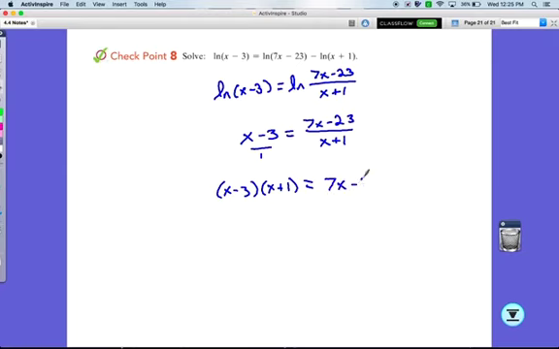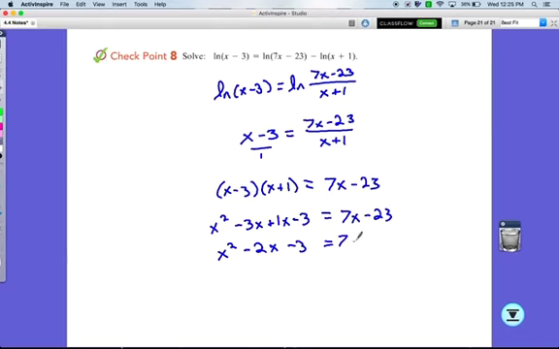If I multiply that out, that's going to give me x squared minus 3x plus 1x minus 3, which becomes x squared minus 2x minus 3.